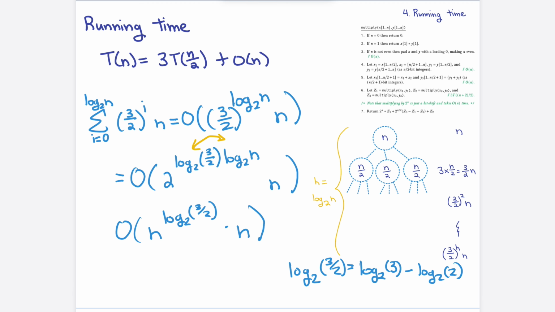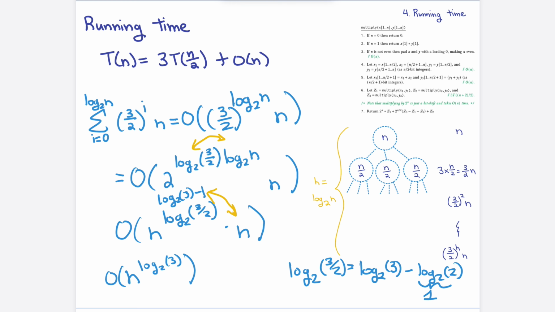That's the rule. And what's log base 2 of 2? 1. So this looks like log base 2 of 3 minus 1, and this minus 1 can just cancel out with that n we already had. And we're left with big O of n to the log base 2 of 3.